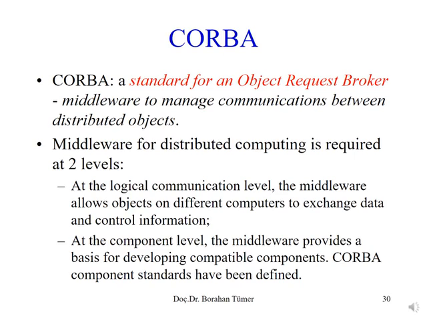At the component level, the middleware provides a basis for developing compatible components. CORBA components standards have been defined. CORBA standards, defined by the Object Management Group, or OMG in short, state the principles of object-oriented development.